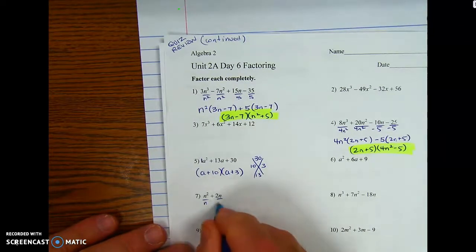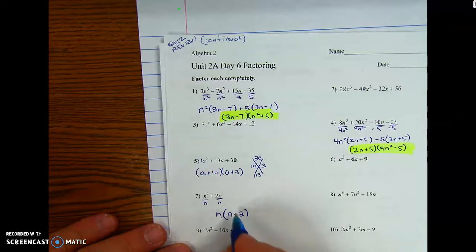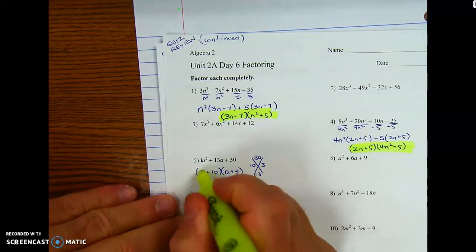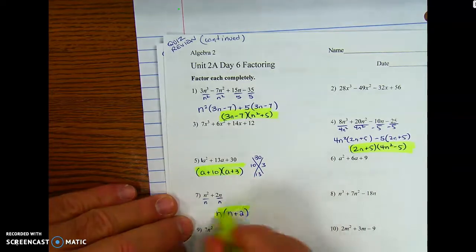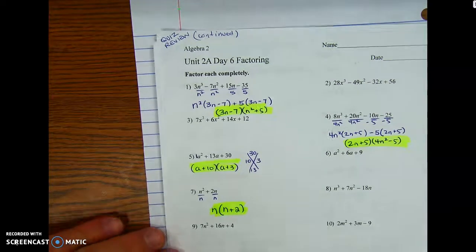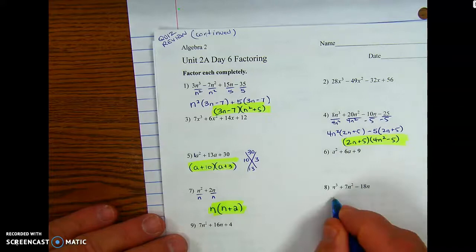Factor this by taking out the GCF, so the answer is n times n plus 2. I hope and pray that you did not try to do sum or difference of squares there, because that would not work. This problem, the GCF is n.